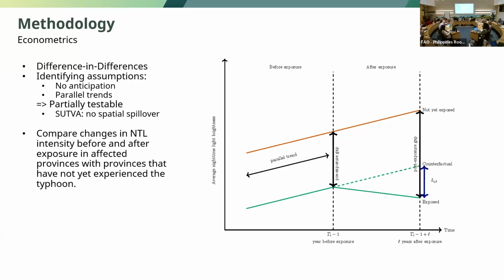Essentially, we compare changes in nighttime light intensity before and after exposure in affected provinces with provinces that have not yet experienced a typhoon. It is implicitly assumed, because we start our datasets in 1992, that the storms before 1992 do not affect nighttime light after 1992.